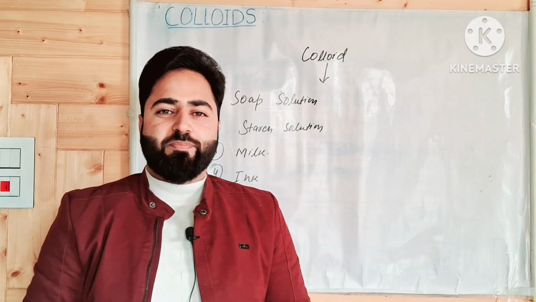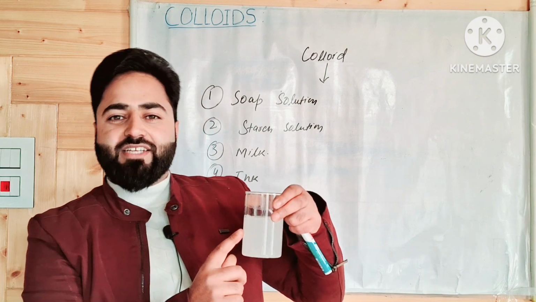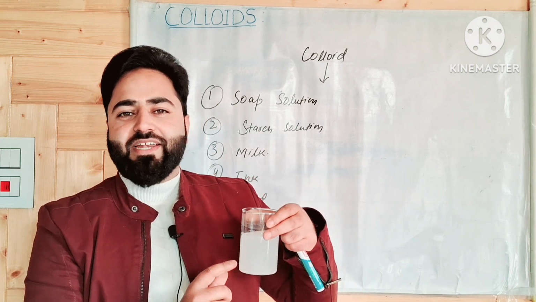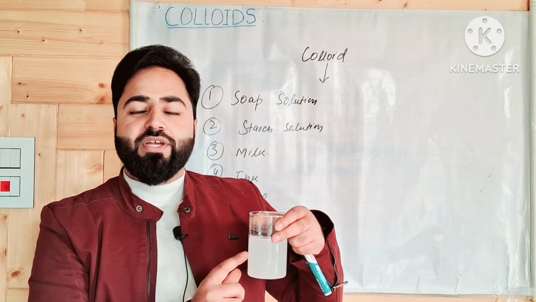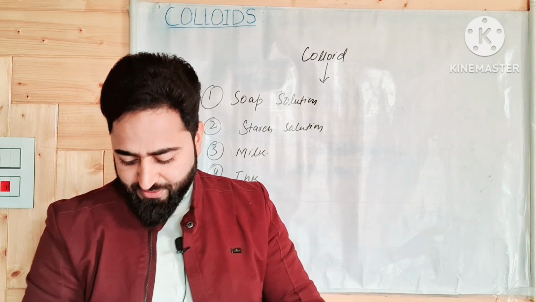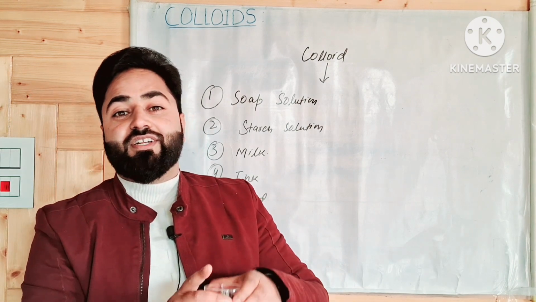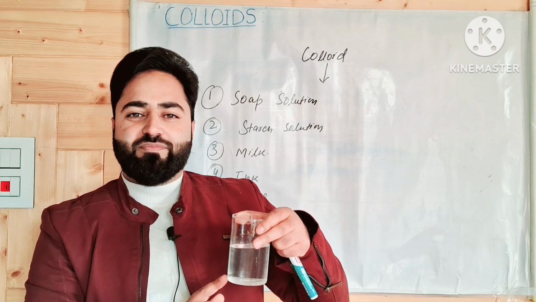So you see practically that this soap solution scatters a beam of light. So it is not a true solution. It is a colloidal solution. And a true solution does not scatter a beam of light.